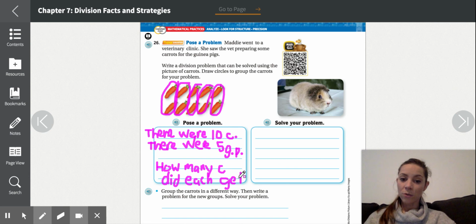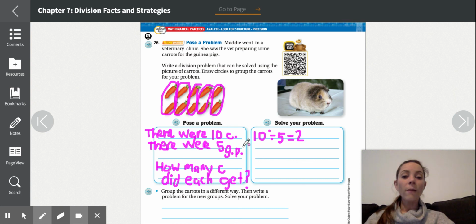Now I have to solve that problem with a division equation. And I already showed it in my picture up here. So 10 was the total divided by 5 guinea pigs. Remember, 5 was the clue I gave them, so that has to go in my original equation. They're finding how many should each one get, which was 2 for each one. 10 divided by 5 is 2.